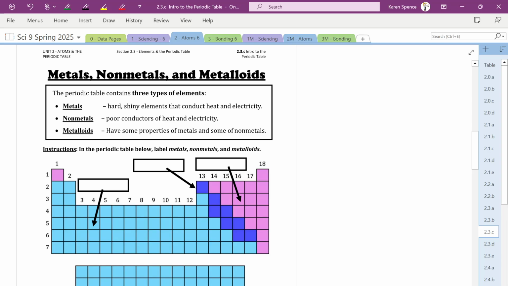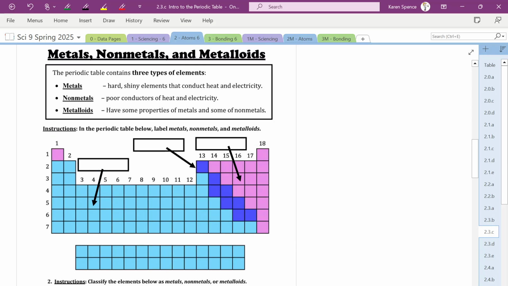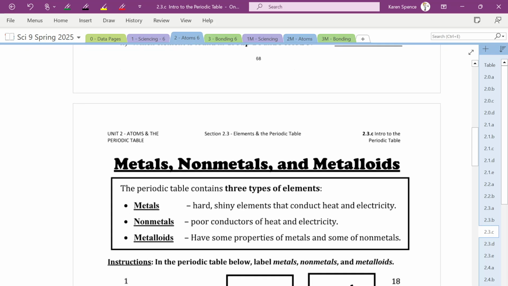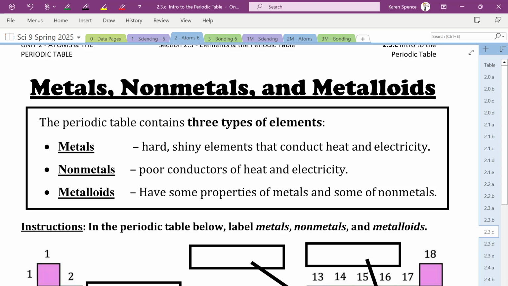Okay, friends, let's go now to page 69. And we're going to learn about 3 types of elements. And I would actually like you to start by looking up at that periodic table over there.